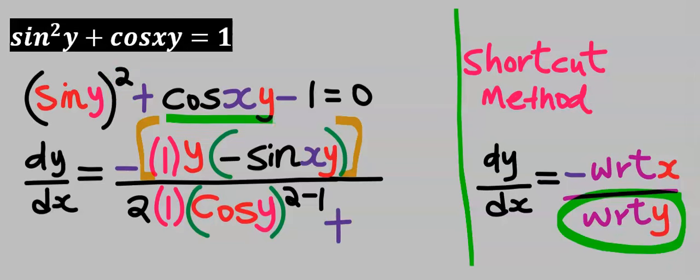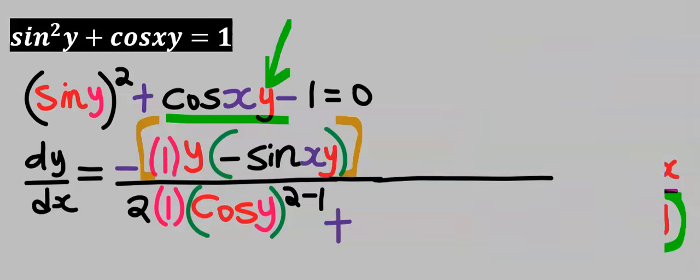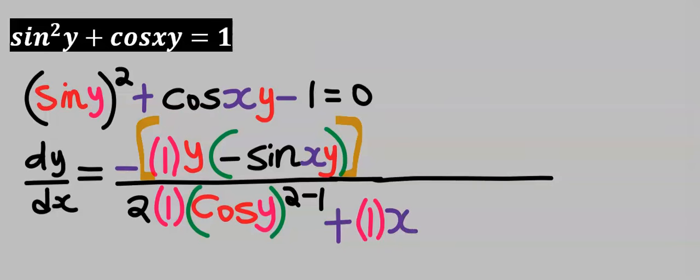Next, we now consider this. Here we got y. Differentiate y, and we're going to get 1. However, I will ignore the x at each side. Next, differentiate cos, and you're going to get minus sine.